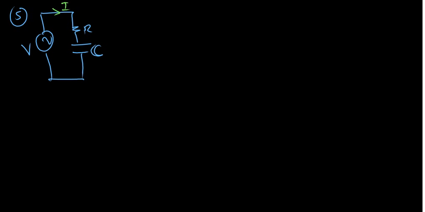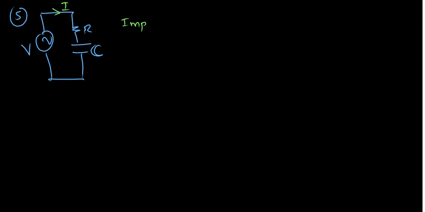The next one, the fifth one, was the RC circuit. The same as before, there is a resistor and there is a capacitor here, with capacitance C. There's a current I through this. First we need to find the impedance.